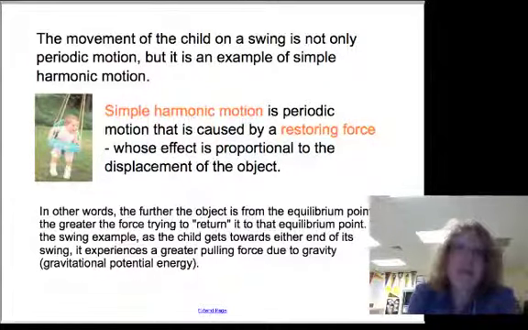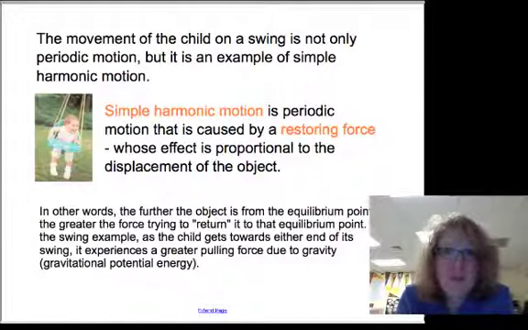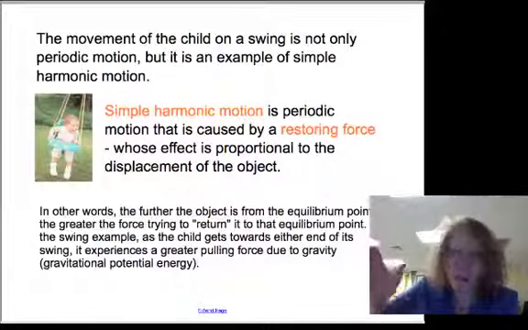So we have to make a little bit of a distinction here. The movement back and forth of this child on the swing is not only periodic motion, but we can also characterize this as being simple harmonic motion. So simple harmonic motion is simply a type of periodic motion, but it's being caused by, and this is the key word, a restoring force. Some force is pulling that object back towards center, and then it goes past, and then comes back to center.